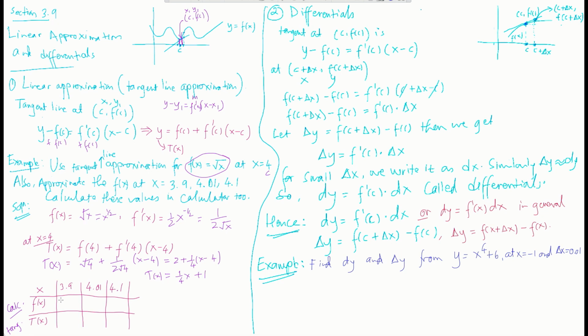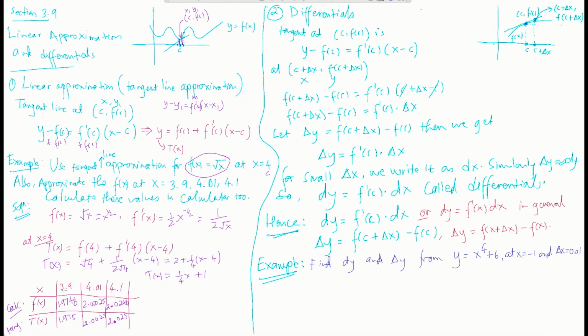So now we use the given function f(x) equals root x and the tangent line, and then check if you get similar values near x equals 4. Similar value means the value of the function using the calculator and the value of the tangent line, or you can say the height of the function and the height of the tangent line close to the point x equals 4.